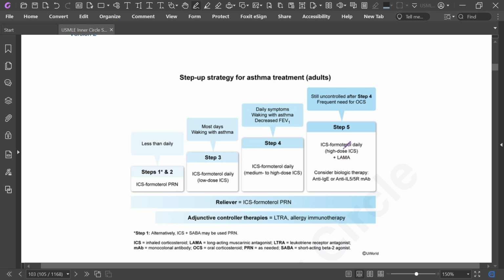Step 5: inhaled formoterol daily, high dose inhaled corticosteroid and LAMA. Consider biologic therapy, anti-IgE or anti-IL-5 or IL-5R monoclonal antibody, if still uncontrolled after step 4 and frequent need for oral corticosteroid.